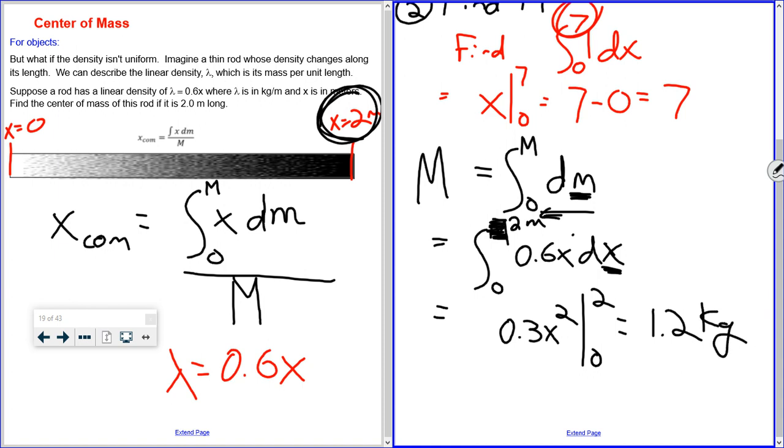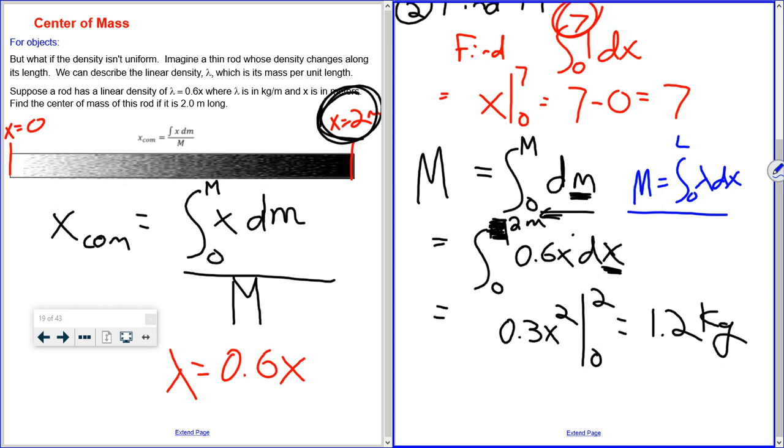So that is always step number 2, and it's always the same thing. If you want to summarize this, it's basically just mass equals the integral from 0 to L, where L is your length, of lambda dx. The problem is this equation isn't on your equation sheet.